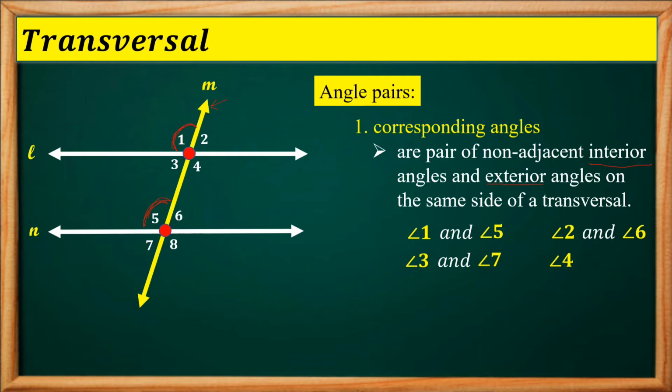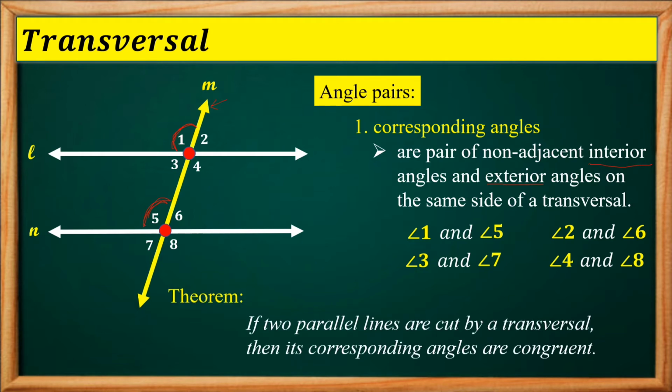Angle 4 is interior, and its exterior partner on the same side is angle 8. Okay, very good. But remember, we have here a theorem. If two parallel lines are cut by a transversal, then its corresponding angles are congruent. Ibig sabihin, equal yung measurement. That is congruent, kapag parallel lines cut by a transversal.